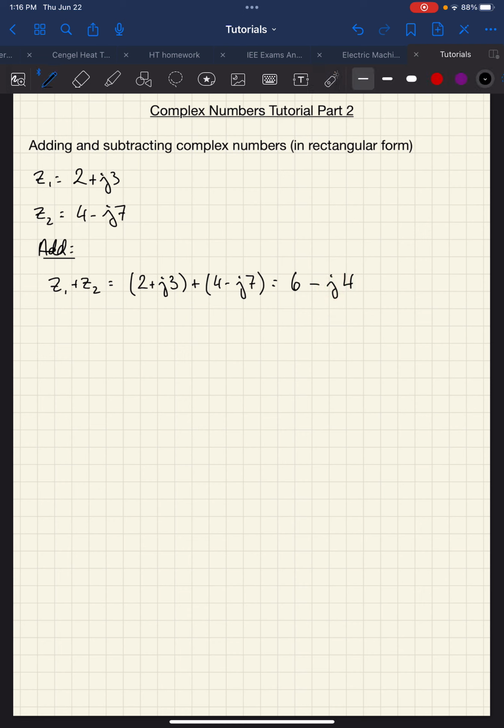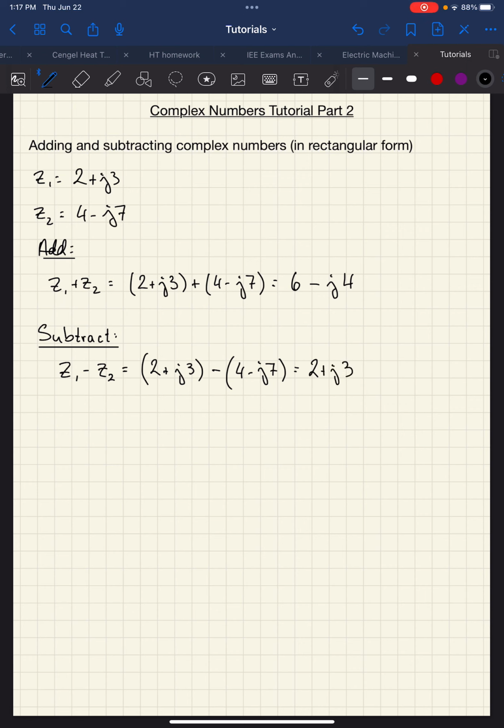It's very simple. What about subtracting? Same business, except now you're subtracting. So we have z1 minus z2. Here's z1. You can open up the parentheses if you'd like, that way it makes it a little bit easier on the eyes.